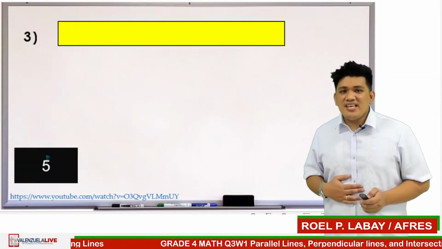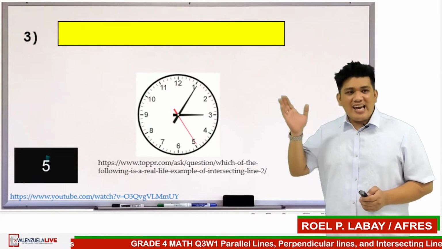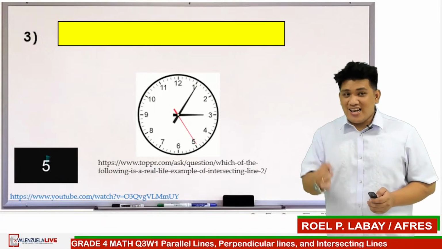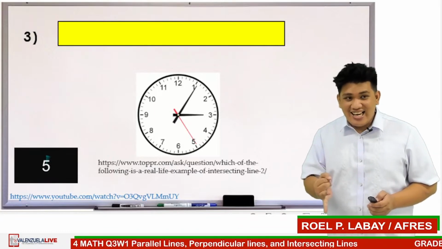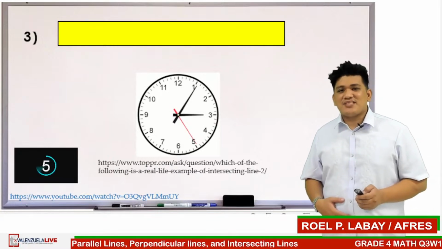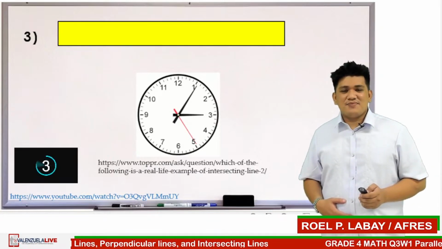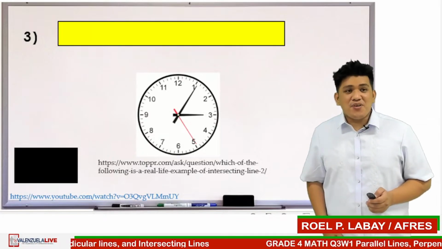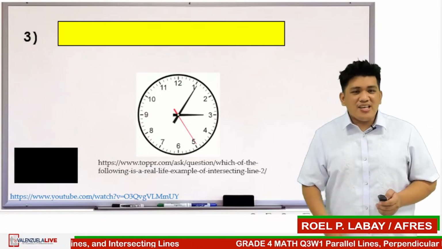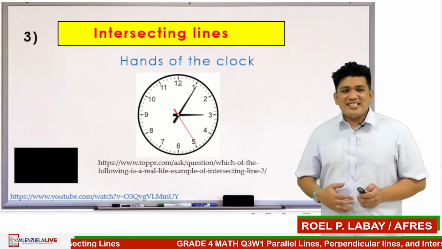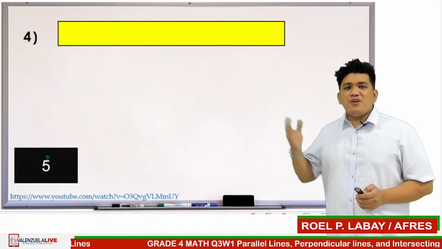Next, number 3. The hands of the clock. Is this parallel lines, intersecting lines, or perpendicular lines? So your 5 seconds starts now. Okay, time's up. Your answer is very good. This is intersecting lines. Next, number 4.